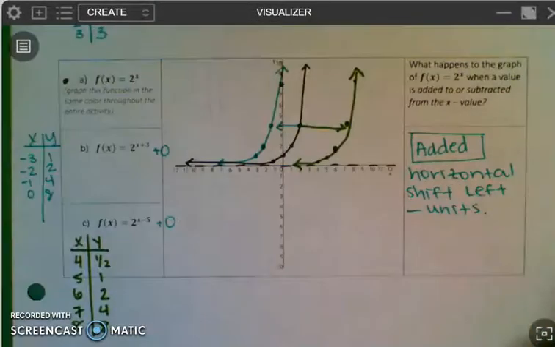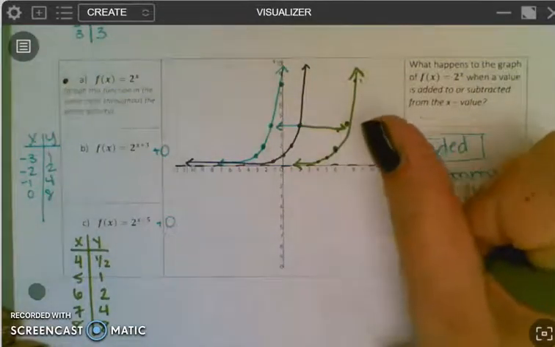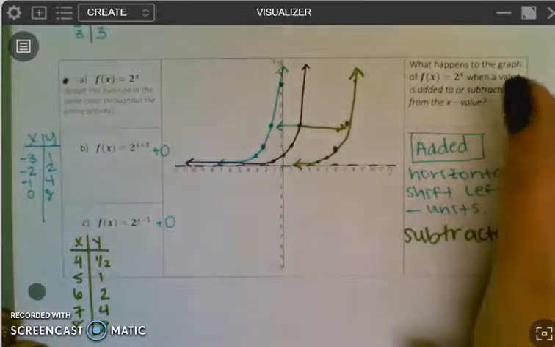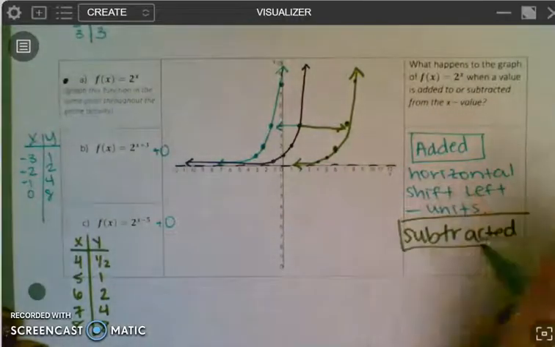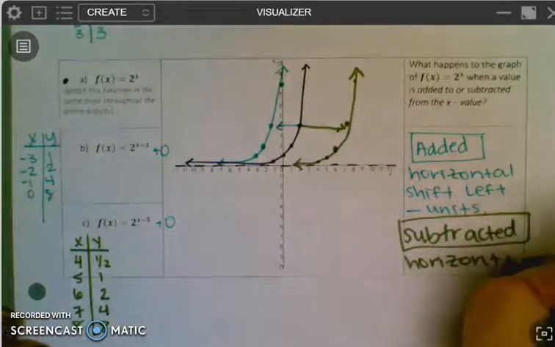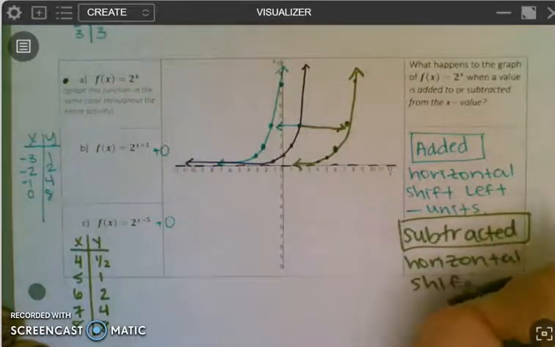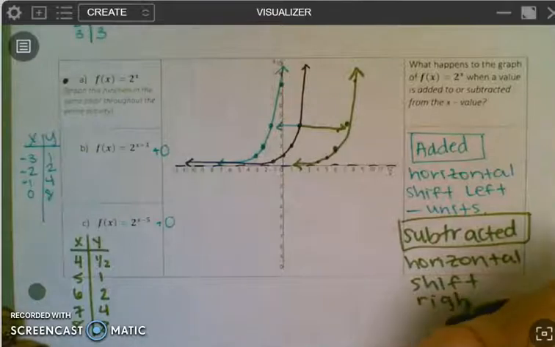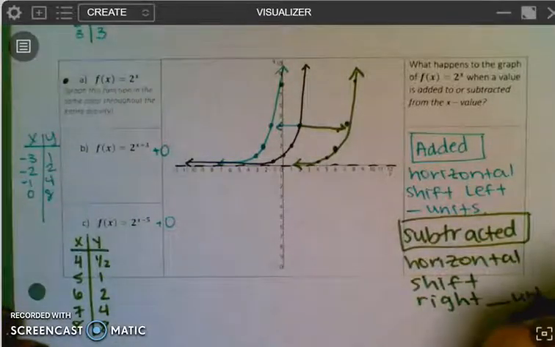So for this one, I took my point and I went to the right now. So when you're subtracted, it's going to be a horizontal shift right blank units.